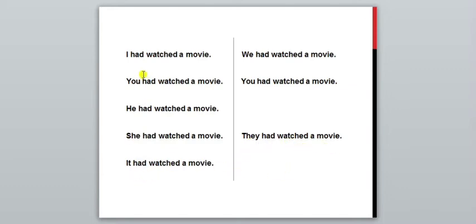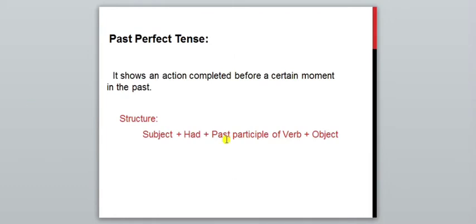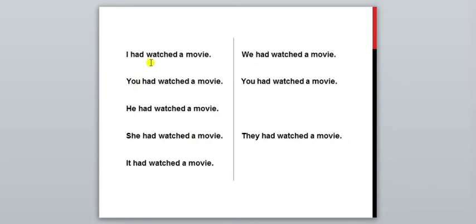Here we have seen sentences of the past perfect tense. Okay? The main focus is on the structure, subject plus had plus past participle of verb plus object. You can change the verb, you can change the object, you can make different sentences.